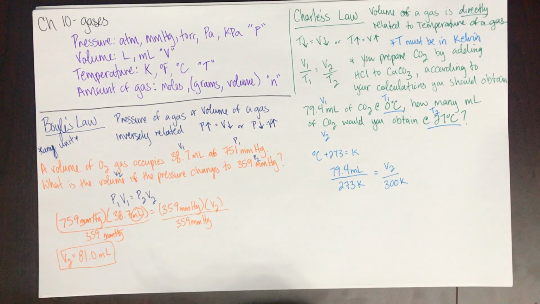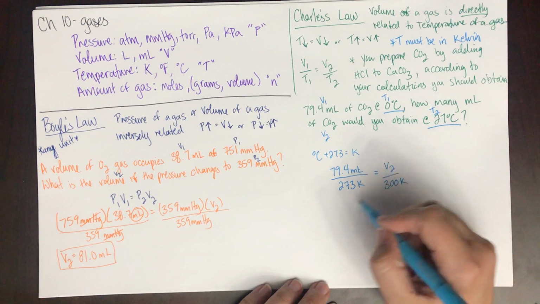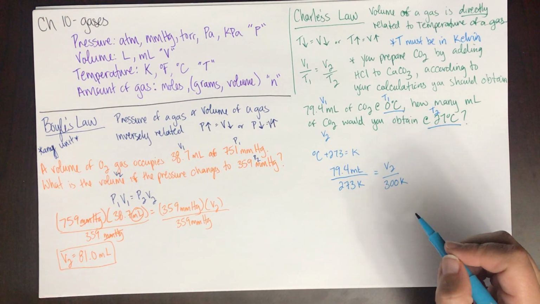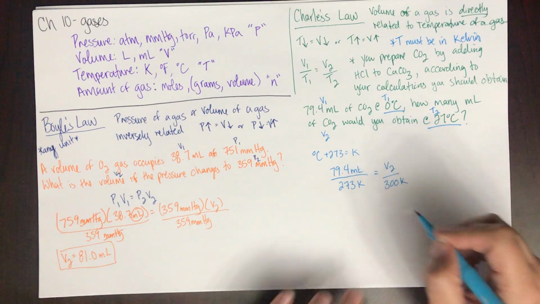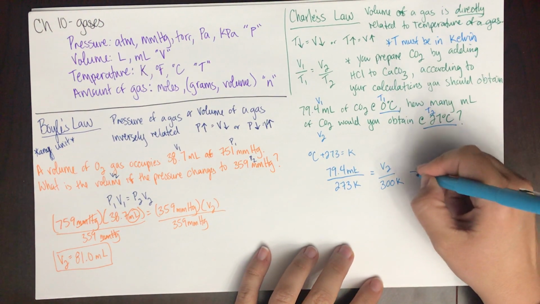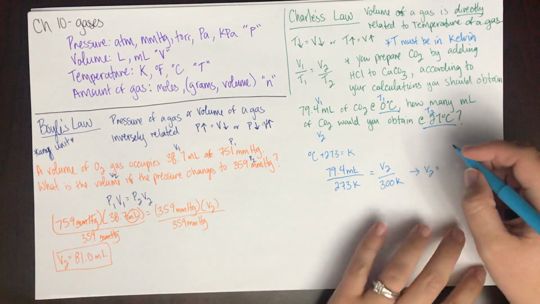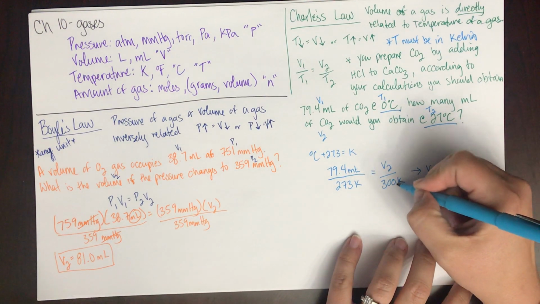Now I'm just going to solve for V2. So I'm going to cross multiply to solve for V2. And when you do that, the units of Kelvin will cancel.